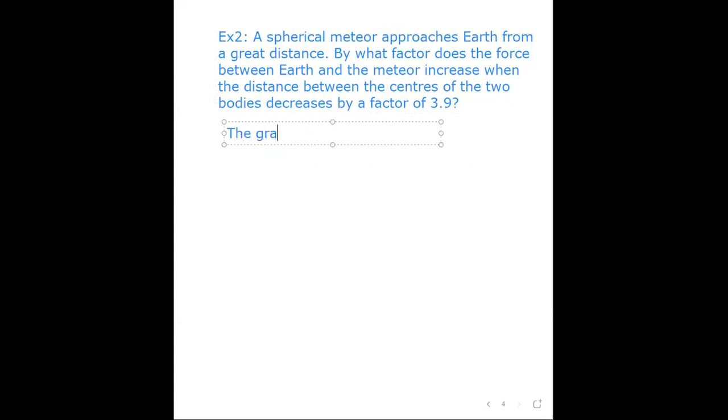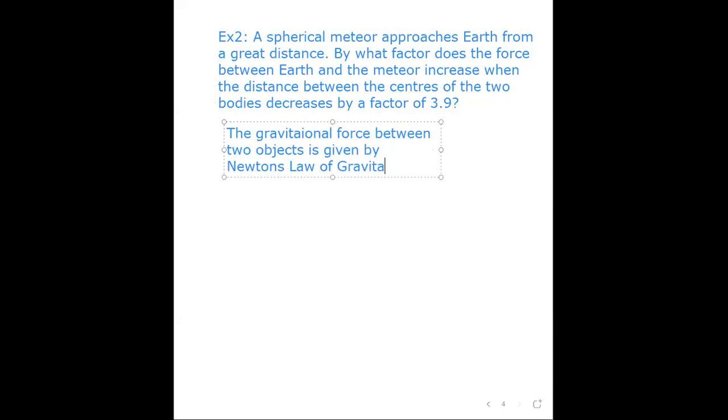It is given by Newton's law of gravitation, and we can write this as F is equal to big G times M1 M2 all over R squared, where F is the gravitational force, G is the gravitational constant, M1 and M2 are the masses of the two objects, and R is the separation between the two objects.